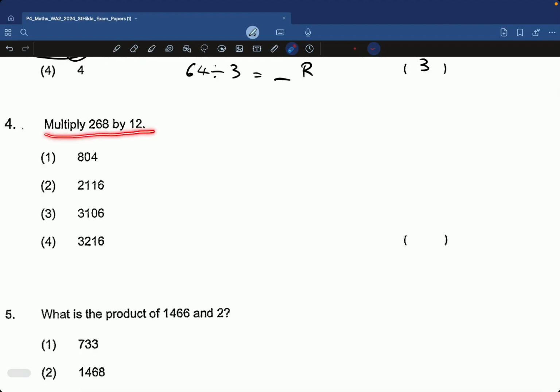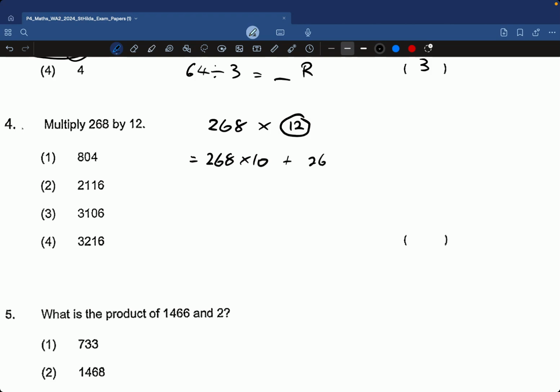Multiply 268 by 12. So let's put here 268 times 12. So this is what multiply means. So this is also the same as if you were to break up 12 into two numbers, it's 268 times 10 plus 268 times 2.